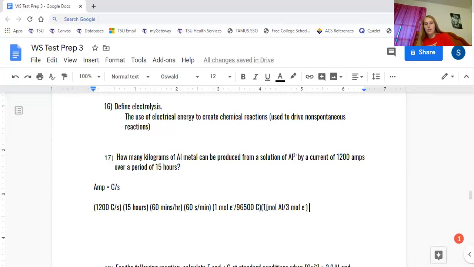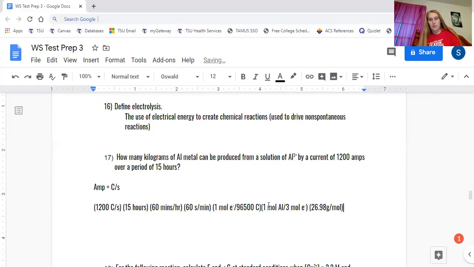Now we have this in moles of aluminum, and we need to get it to kilograms. So we're going to multiply by the molecular weight, which is 26.98 grams per mole of aluminum if you look at a periodic table.